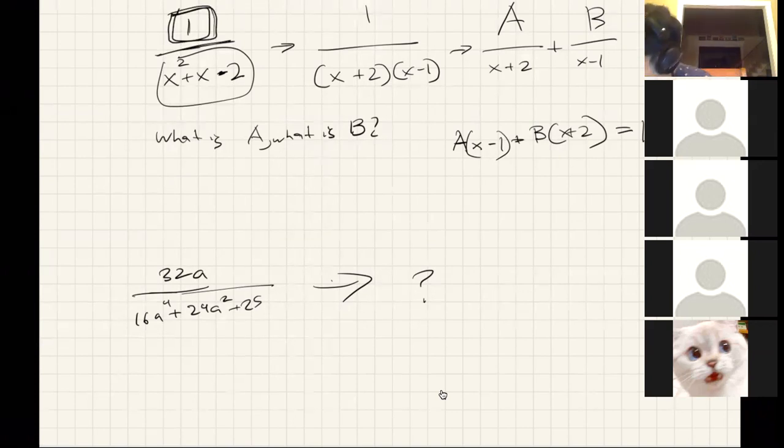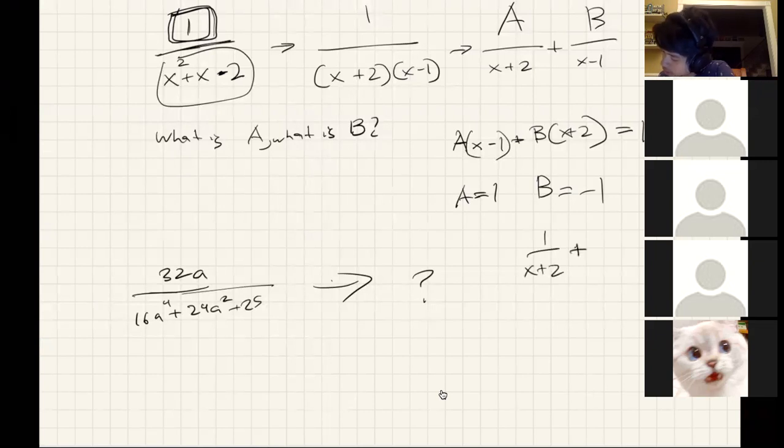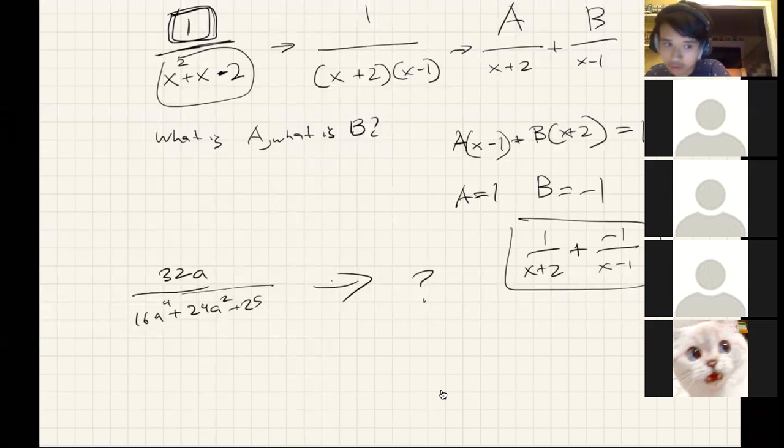You might be able to see that if we let a equal 1 and b equal -1, then 1 over x plus 2 plus -1 over x minus 1, when we add these two terms up, gives our original fraction, 1 over x squared plus x minus 2. So that's essentially what partial fraction decomposition is.